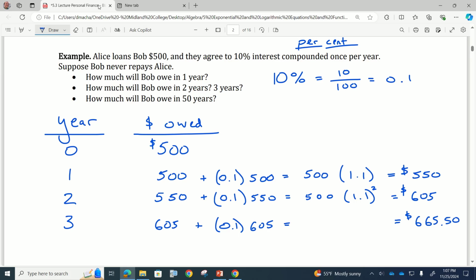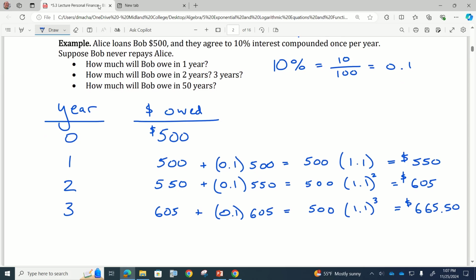But I might also write that this is the same thing as 605 times 1.1, which I can get if I just factor out the 605, and I would just be left with 1 plus 0.1, and 1 plus 0.1 is 1.1. But $605 was just $500 times 1.1 squared, and so this would be the same thing as 500 times 1.1 cubed.